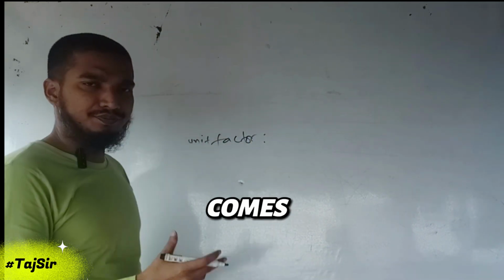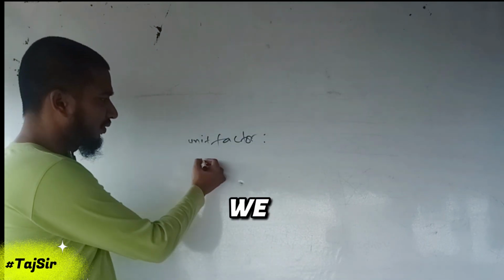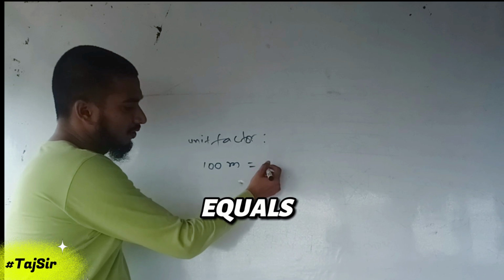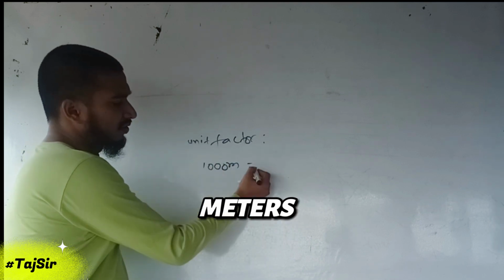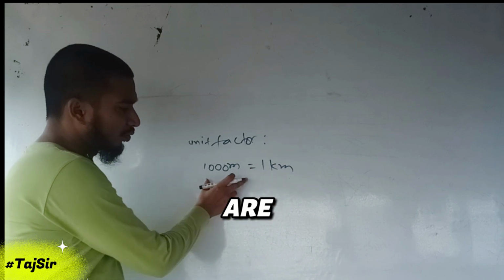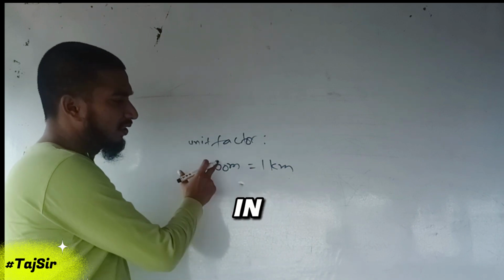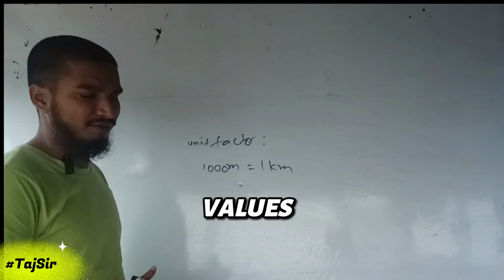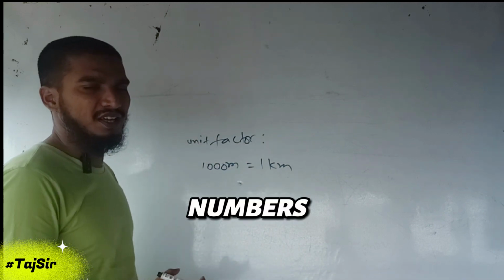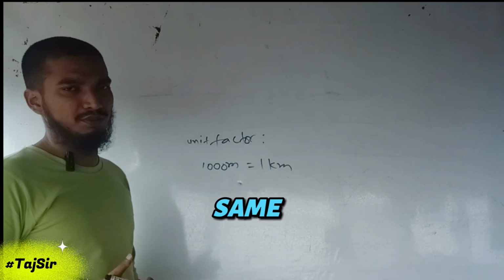Where does it come from? For example, we know that 1000 meters equals 1 kilometer. These are two numbers with different numerical values, but they measure the same length or distance.